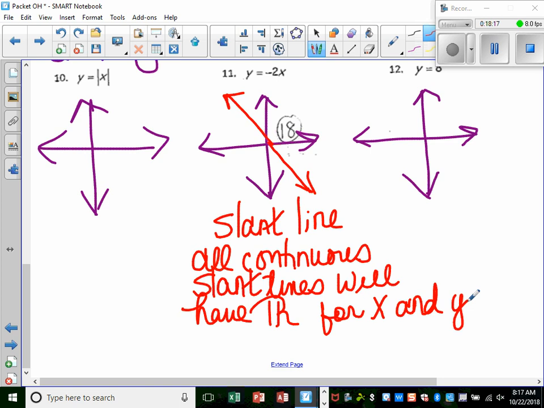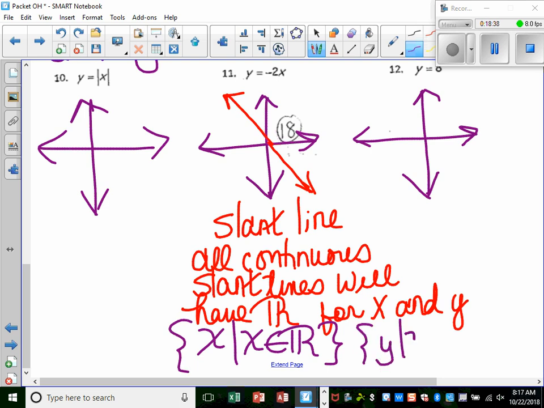So as this graph continues to spread up and down, it's going to cover not only the x-axis, but also the y. So you're just going to say x such that x is an element of all reals, y such that y is an element of all reals.